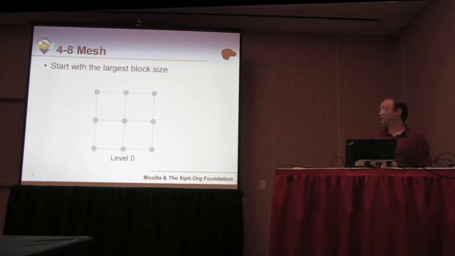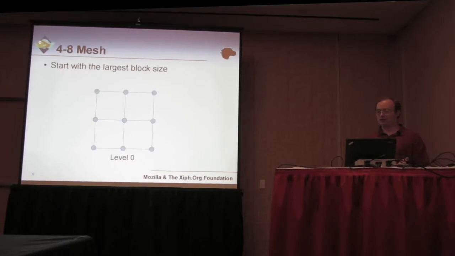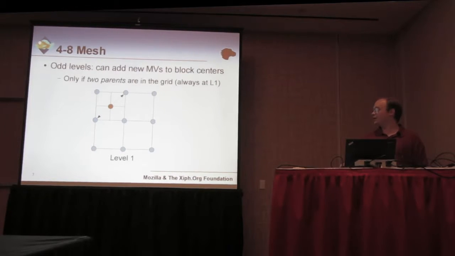So what is a 4-8 mesh? Basically, you start with the mesh at the largest block size, and here all of the little circles are where we're coding motion vectors, and then we do interpolation inside each one of these blocks from 4 different motion vectors. At the odd levels of this 4-8 mesh, you can add a new motion vector at block centers, right?